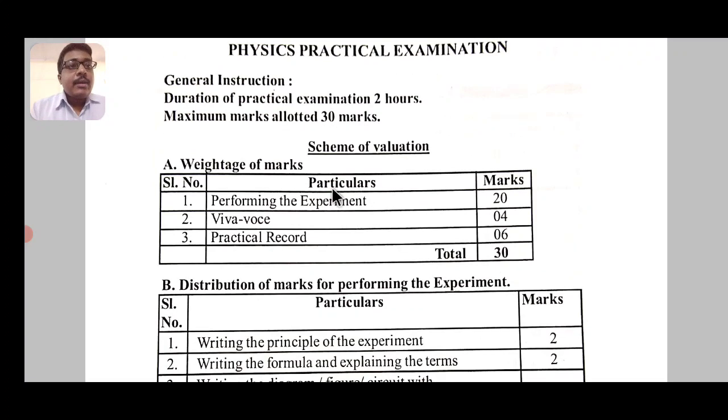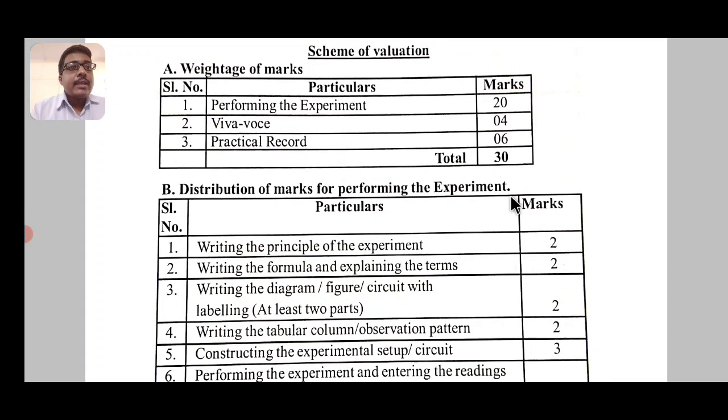Now these 30 marks are divided into 3 parts. As you can see here, for performing the experiment you will be having 20 marks. Then for viva voce, that is for orals, you will be having 4 marks, and for practical record, that is journal, you will be having 6 marks. So overall you will be attending the practical examination for 30 marks.